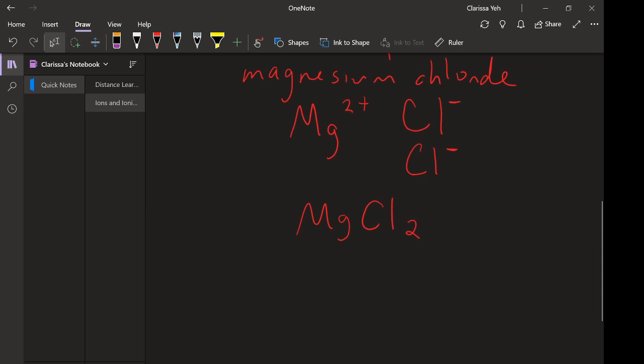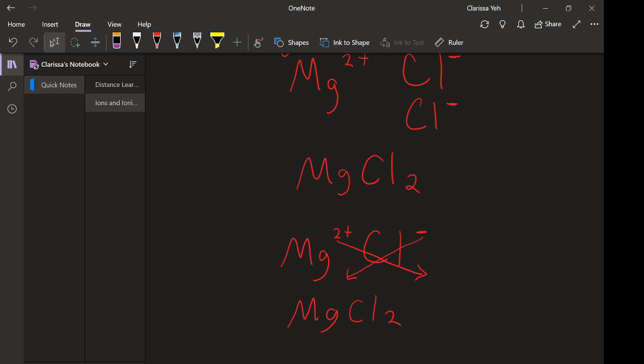Another way I like doing it, because it works every single time, instead of needing to work out the maths, is if I rewrite it like this, I like to cross it over, take the number and cross it over. So this is just 1, and we don't usually write the 1, so Mg, take the 2 over, Cl2, and that works every time. But if you end up with the same number, then it's a 1-to-1 ratio, and then you can just divide it out.